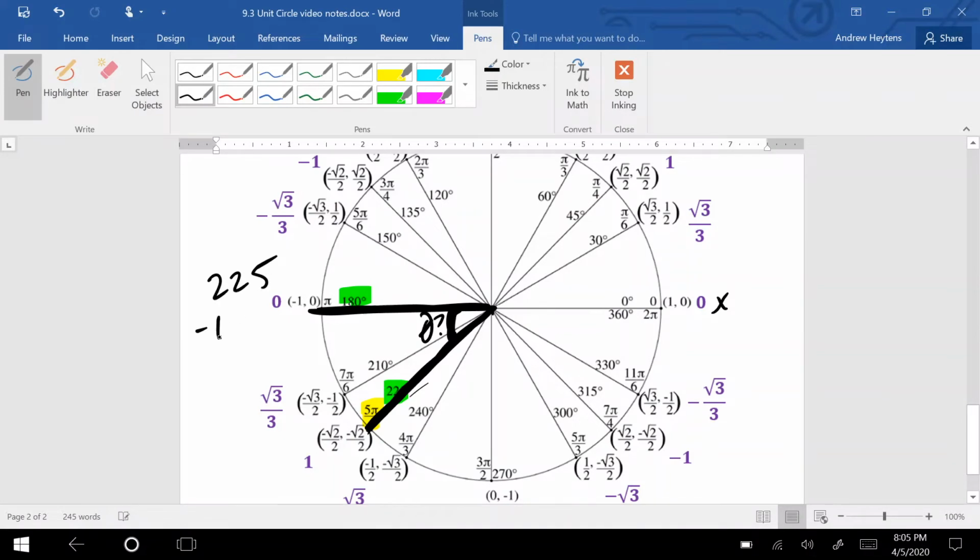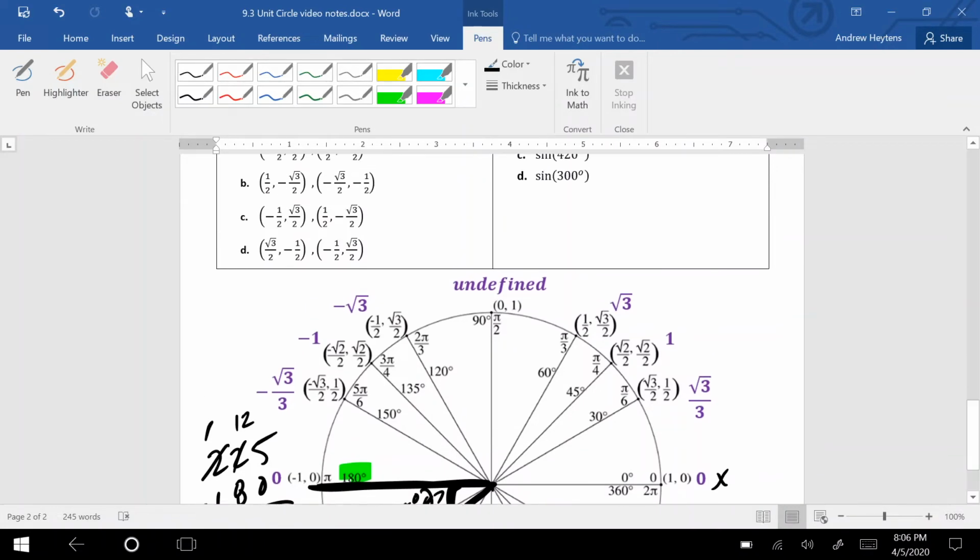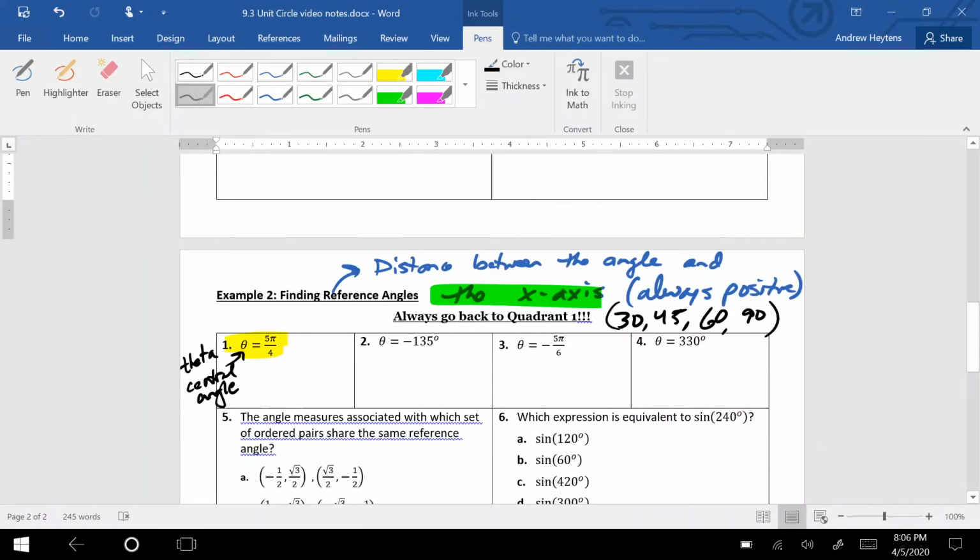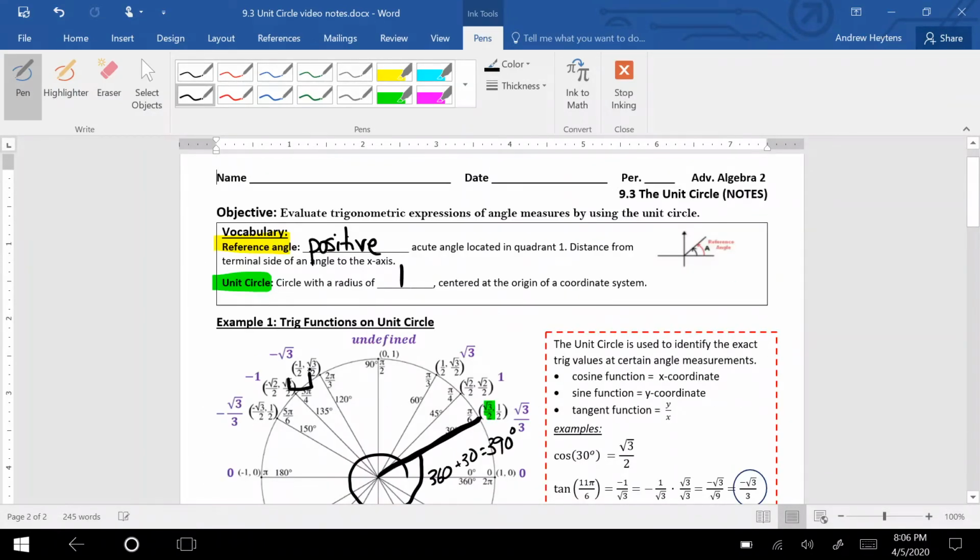Well, all it does is turn into a subtraction problem. 5 minus 0 is 5. Let's see if I can remember how to subtract here. 45 degrees. So this angle right here between the x-axis and the angle that's given is 45 degrees. That is your reference angle. Always positive.